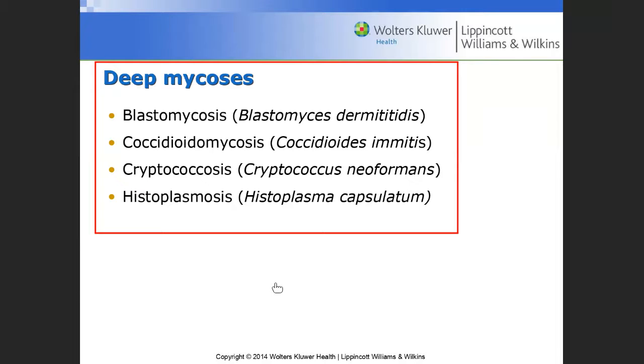The common populations are, of course, AIDS, right? The CD4 count is low, the immune system is weak. People are also generally immunosuppressed because they're transplant patients. You don't want the immune system to reject the new heart or the new kidney, so they take immunosuppressive drugs to prevent rejection.